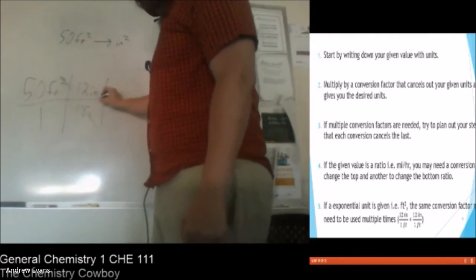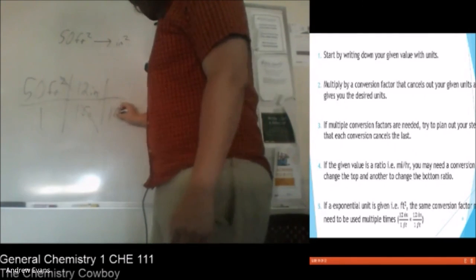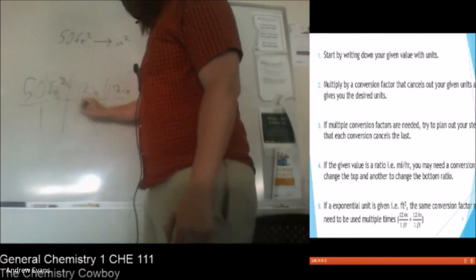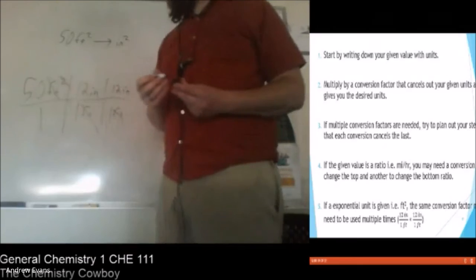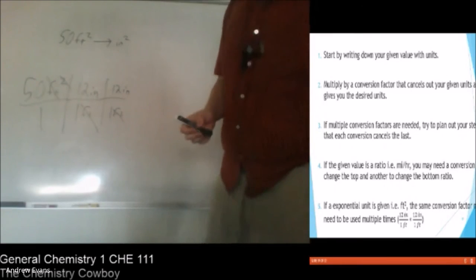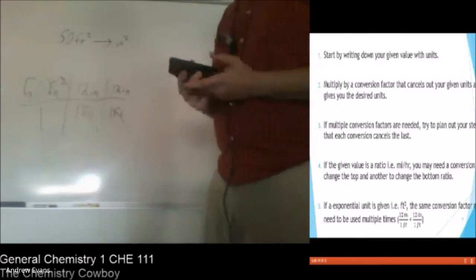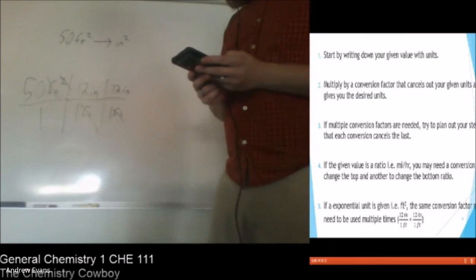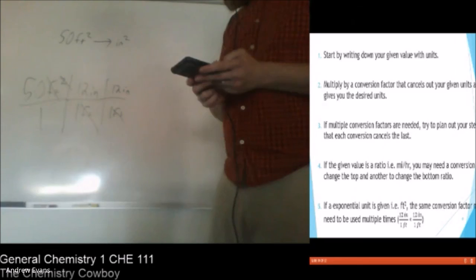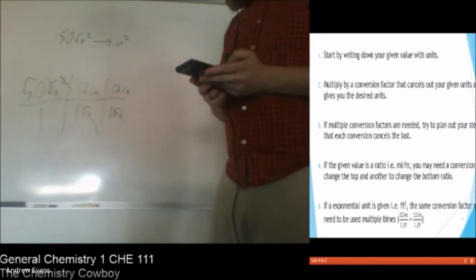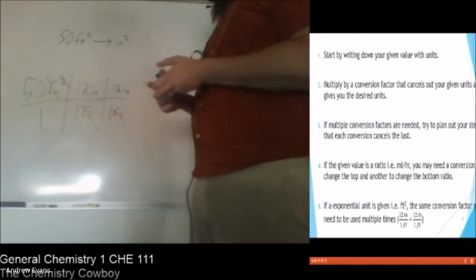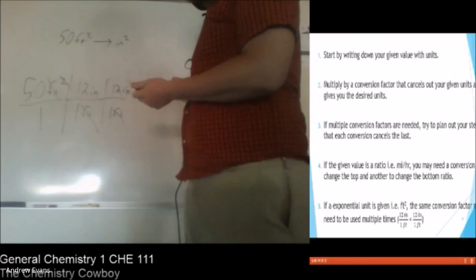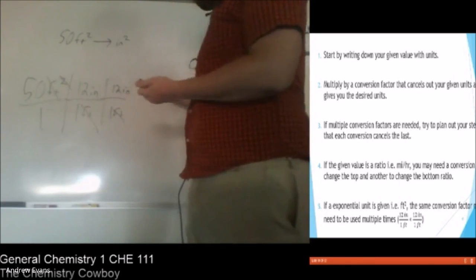Then I'll do that again. 1 foot, 12 inches. The second foot cancels out second foot. So I will essentially take 50 times 12 times 12, or 50 times 144. That would be 7,200 inches squared.